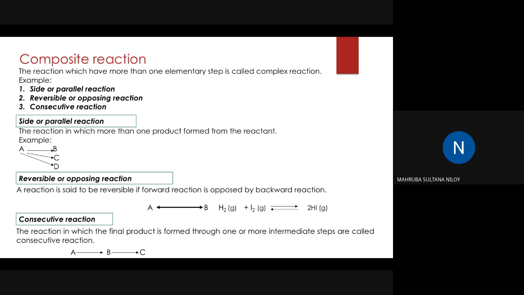Not difficult. Sir, hydrogen and iodine collide and form hydrogen iodide, and the vice versa happens too. Okay, so when they collide with each other, what is formed? Hydrogen iodide. And hydrogen iodide can also break down into hydrogen and iodine. Okay.